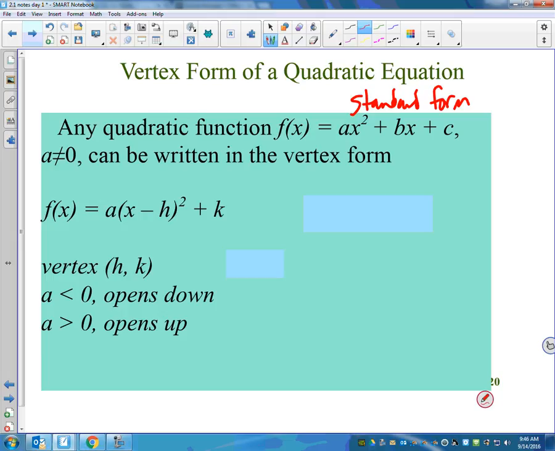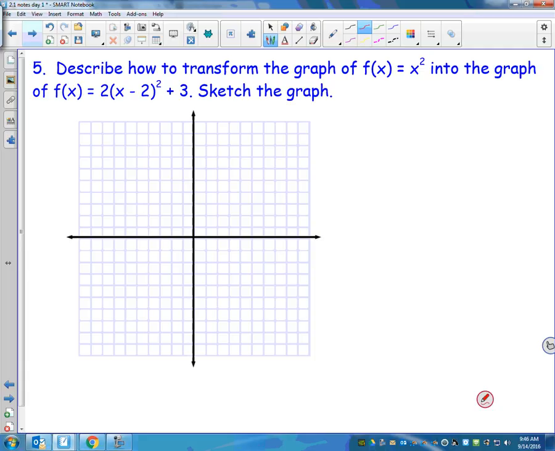Okay, so really nice if it's in vertex form, which a lot of these homework problems are. It just says, like on the homework, pick the right graph. But it says describe how to transform the graph, and then sketch it. Okay, over on your test, right? So, because we have a +3 out here, what does that mean?